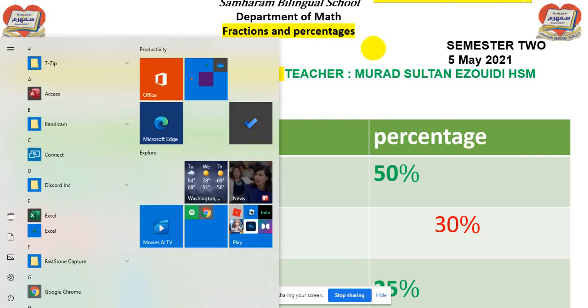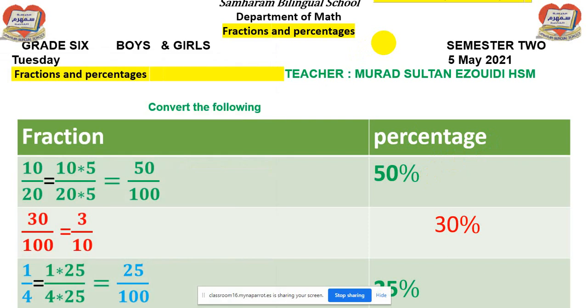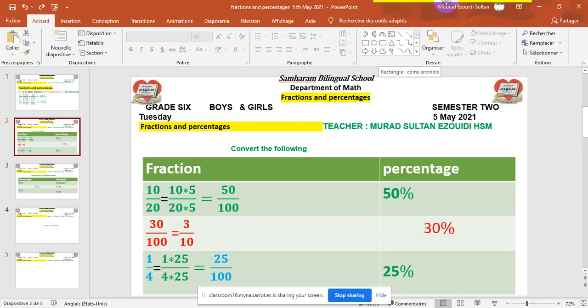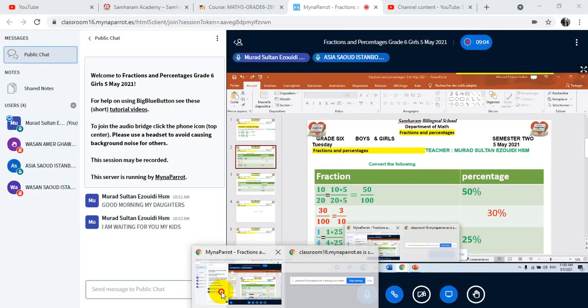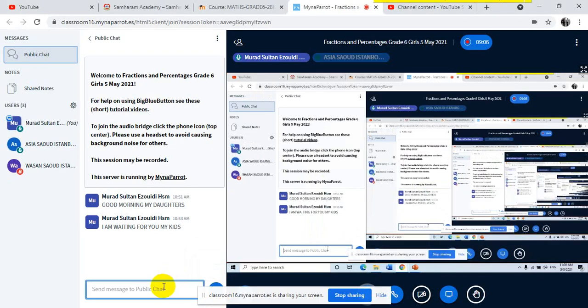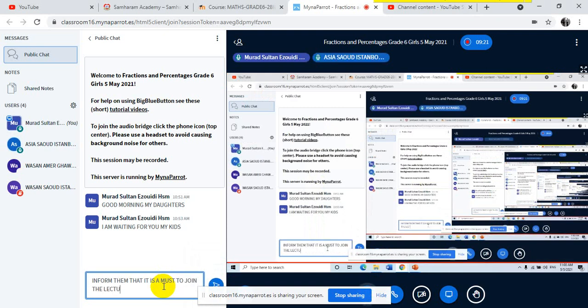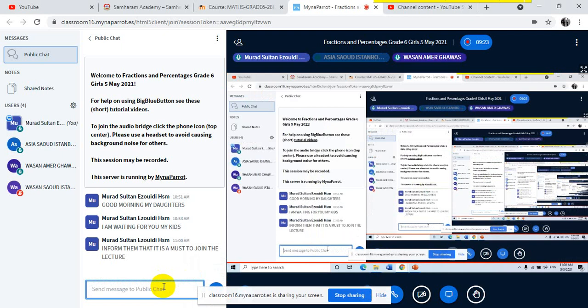So I will go back. So you are here, my daughter? Please inform them that they should join the lecture. Inform them that it's a must to join the lecture, because my daughters, tomorrow we have math, isn't it?